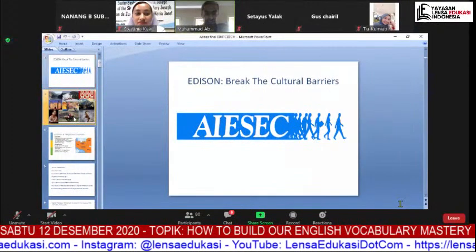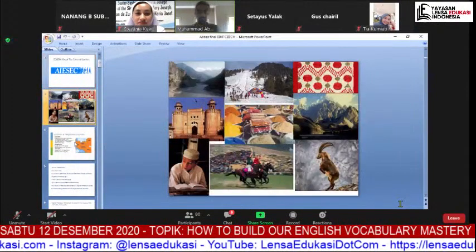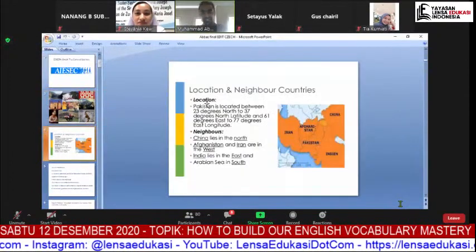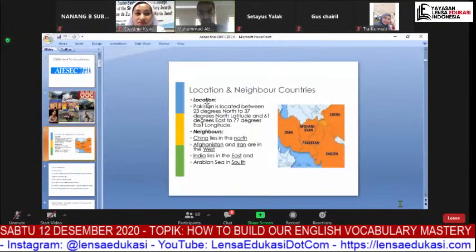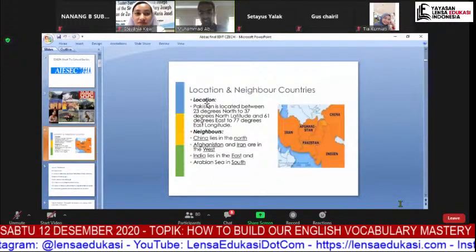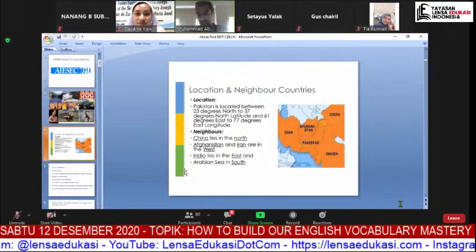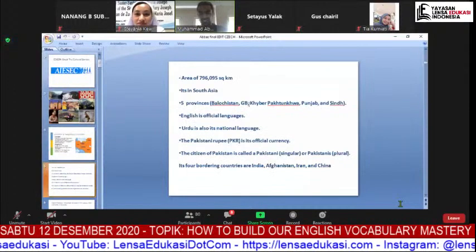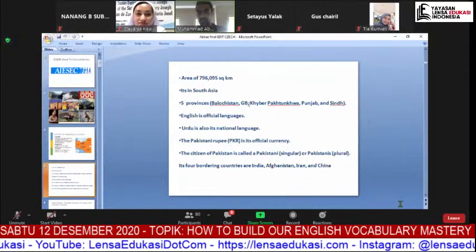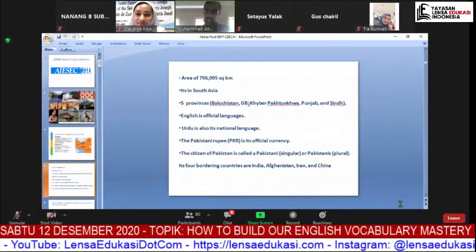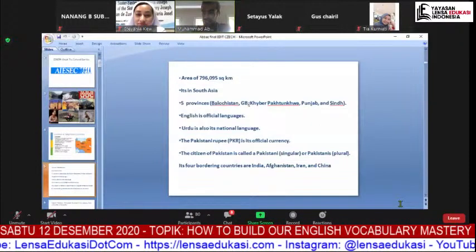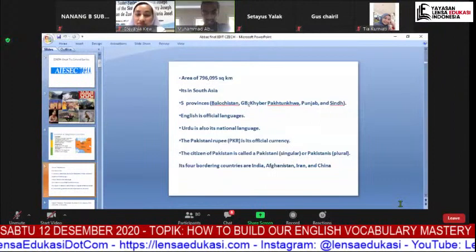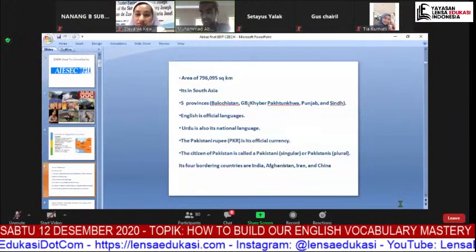So this is about Pakistan. It's a landlocked country, with borders with China, Afghanistan, India, Iran, and the Arabian Sea. We have five provinces, and the national language is Urdu, but interestingly, in most institutes and the educational sector, private and government, the medium of instruction is English.